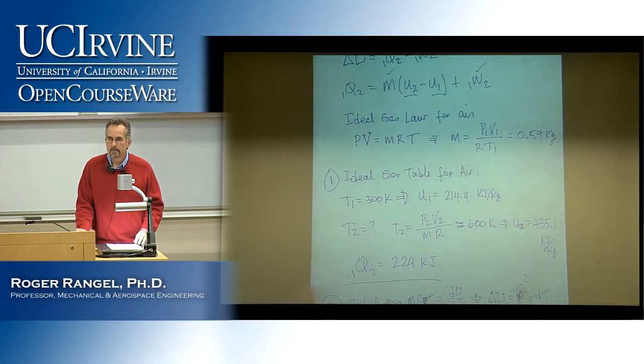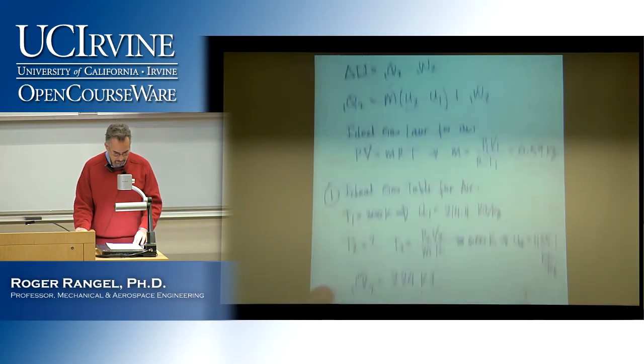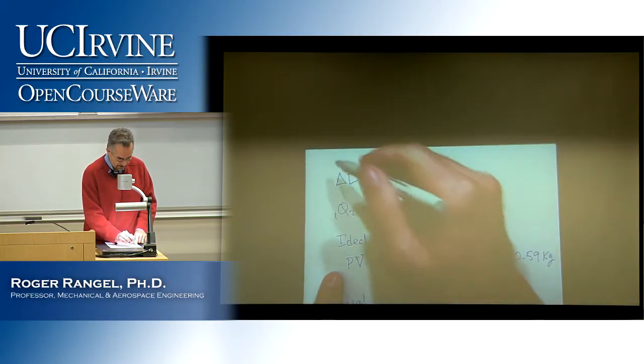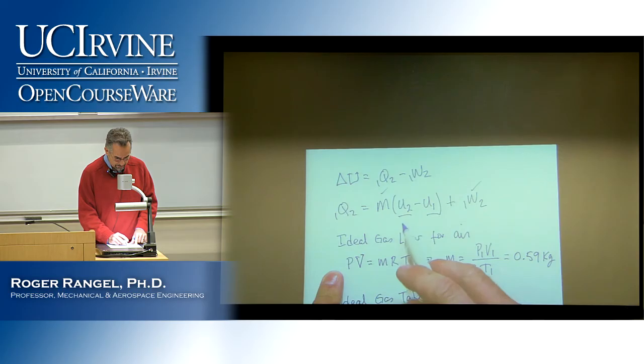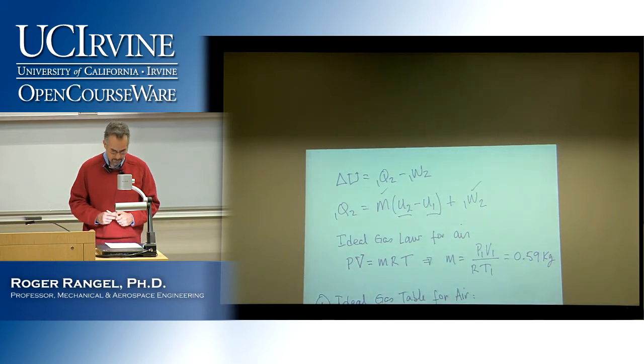Any other questions? Yes, back there. Oh, in the first law, right here. So you go back here, instead of reading U2 and U1 from the table, this becomes m Cp delta T, when you solve it using the first law.